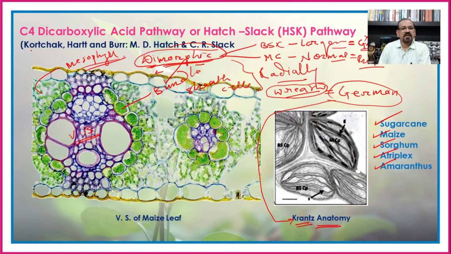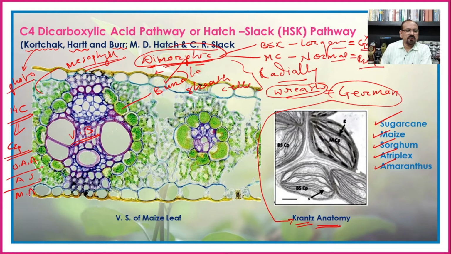But when Kortschak, Hart and Burr were combinedly working on the photosynthesis with the help of labeled carbon dioxide, they found that certain C4 acids like the oxaloacetic acid, aspartic acid, malic acid were found labeled.